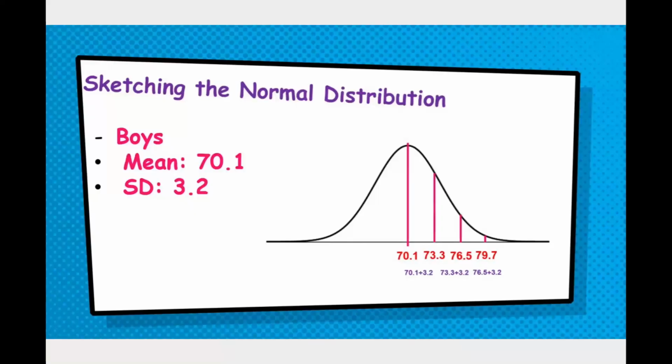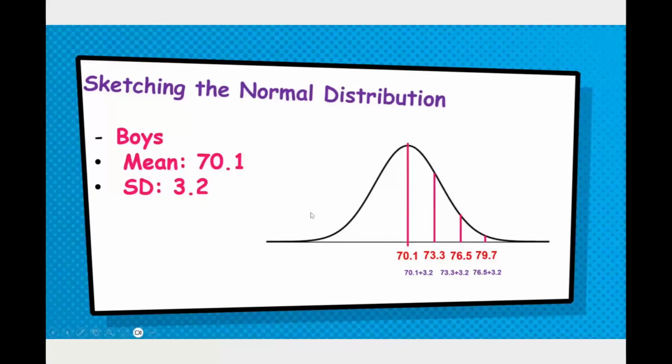I think I said 6 feet 10. If we were to go another standard deviation above that, that would be about right here. That would be 82.9, which we can say is 83, which is 6 feet 11 inches.